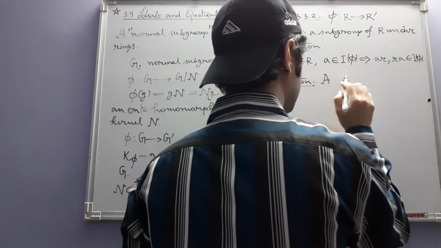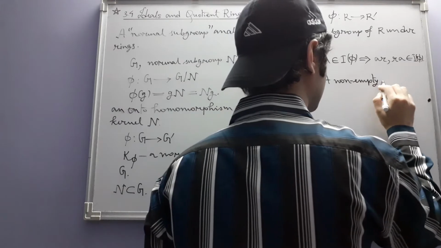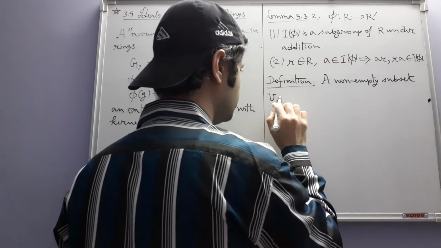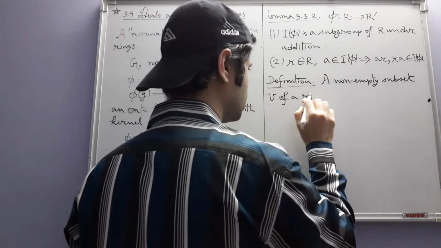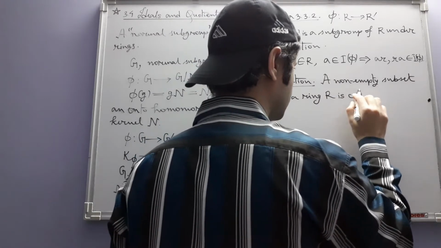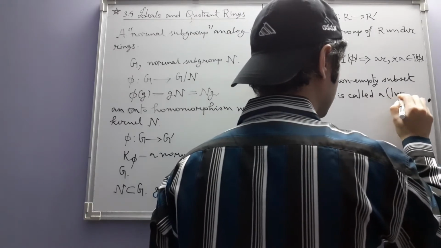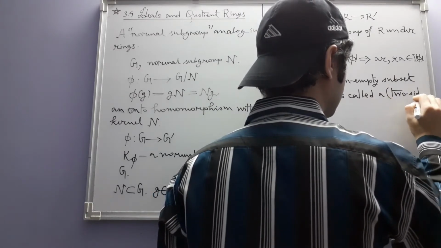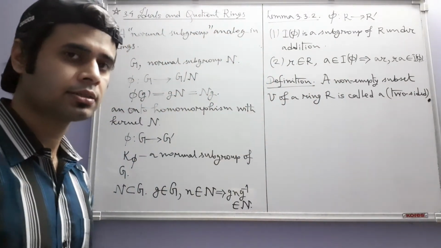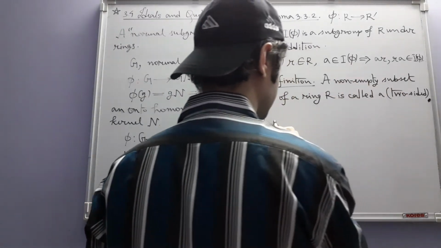So a non-empty subset U of a ring R is called a two-sided ideal of R if the following conditions hold. Two-sided is written within brackets. We will see why it's written like that.